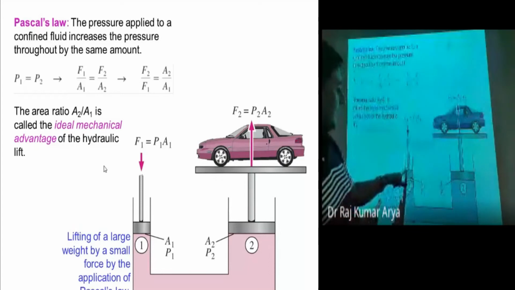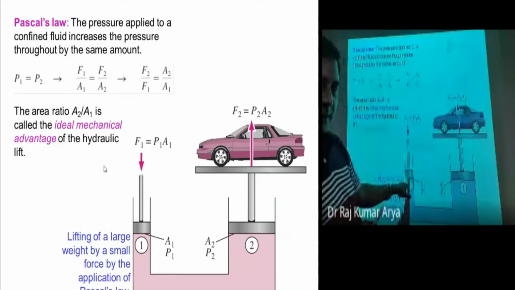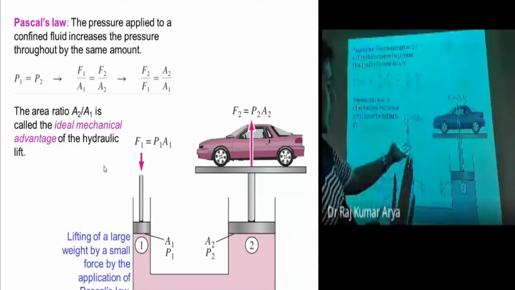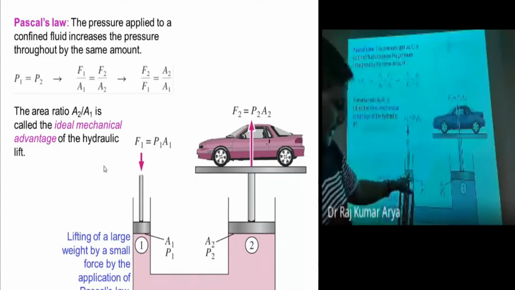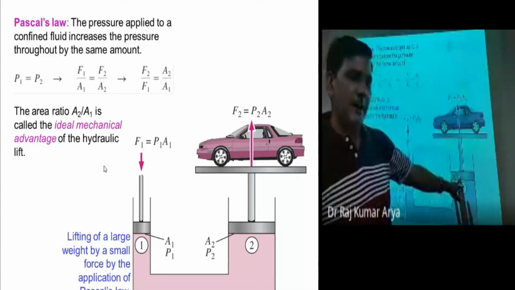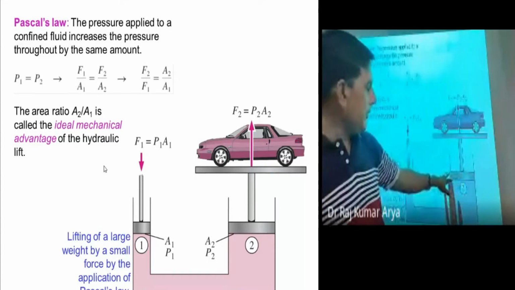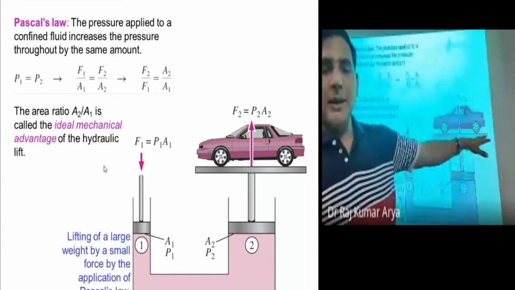If you create a very high pressure here, let's say 10 Pascal, here would also be 10 Pascal, but the force would be more because this area is very, very large.